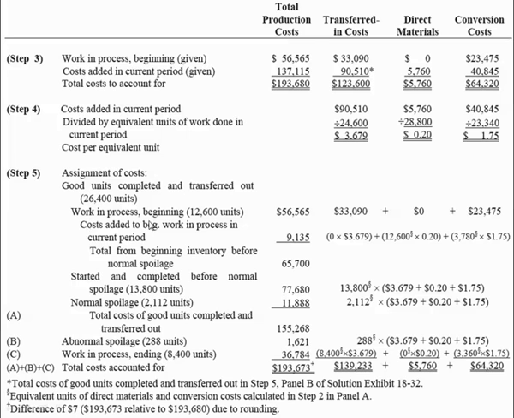Then we add costs added to beginning work in process in current period by multiplying 0, multiply cost per equivalent unit of transfer in cost, 12,600 units multiply 0.2, 3,780 multiply 1.75. Then total from beginning inventory before normal spoilage will equal 65,700. Started and completed before normal spoilage 13,800.